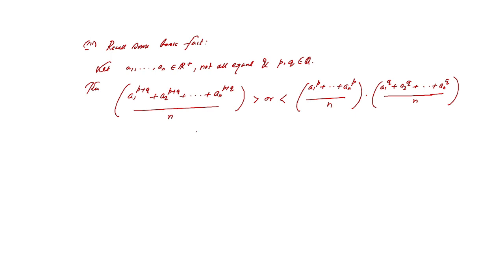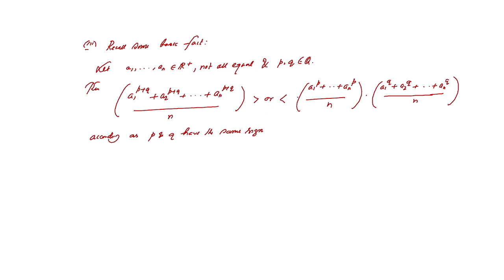So here, the greater than or less than inequality holds according as P and Q have the same sign. That means either both are greater than 0 or both are less than 0.